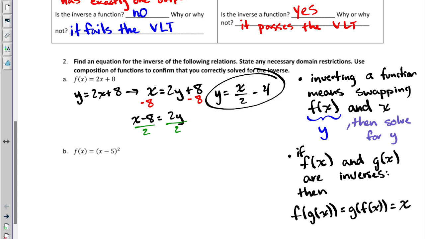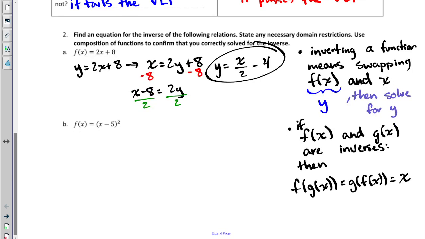Whoa, what does that mean? Okay, let's plug this stuff in. First, we have to be aware of what these compositions really mean.